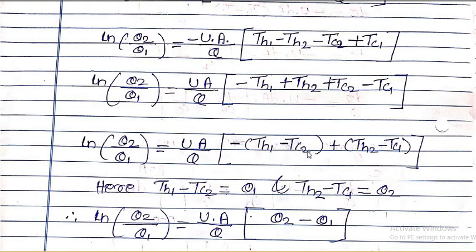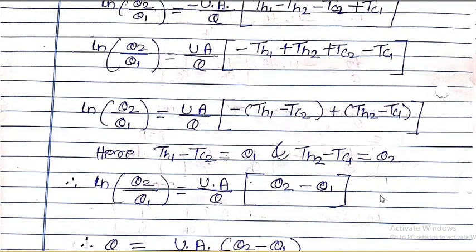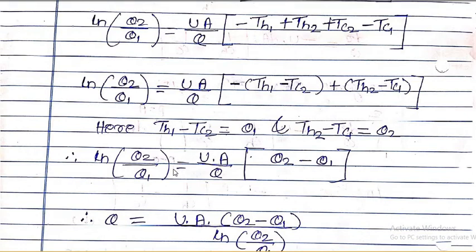Now Th1 minus Tc2, in case of a counter flow heat exchanger, is nothing but theta 1, and in case of a counter flow heat exchanger, Th2 minus Tc1 is nothing but theta 2. So the equation becomes ln of theta 2 divided by theta 1 is equal to u multiplied by a divided by Q into bracket theta 2 minus theta 1.